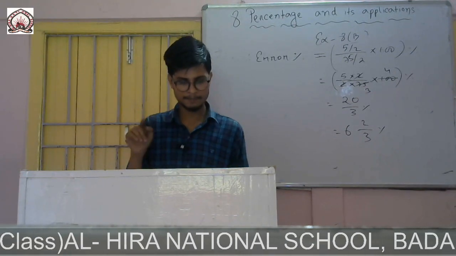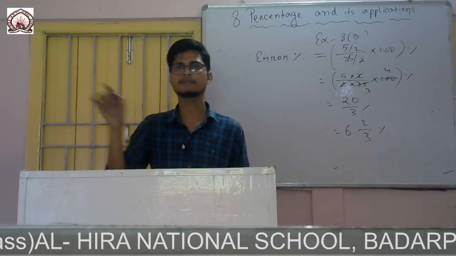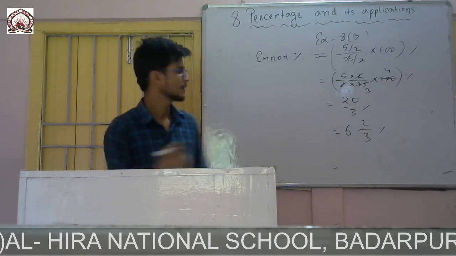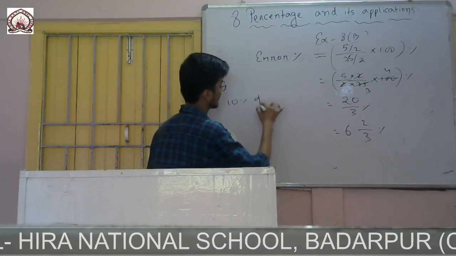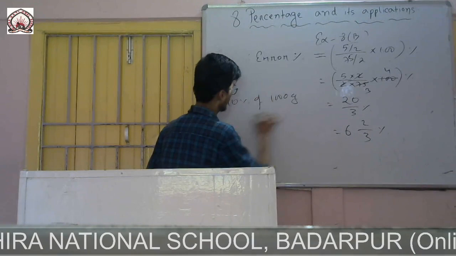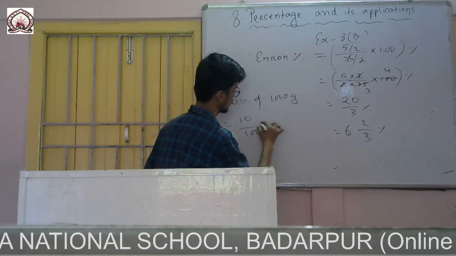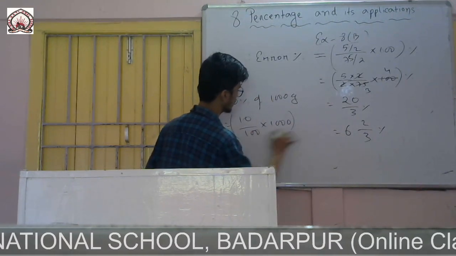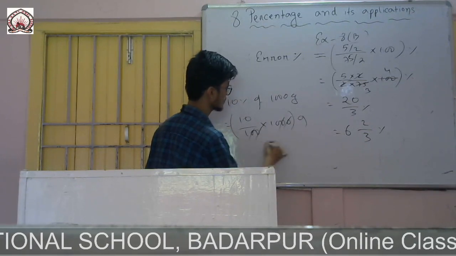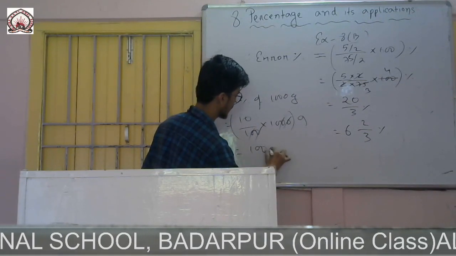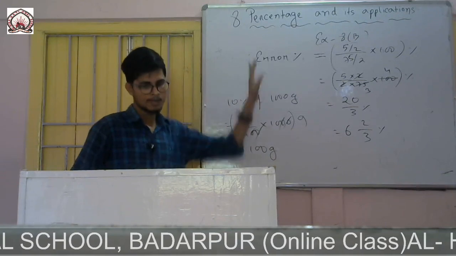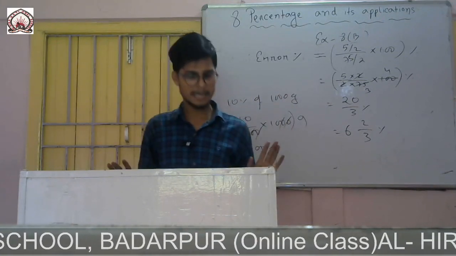That means 10% of 1 kg. 1 kg means 1000 gram. So you will write 10% of 1000 gram, which will be equal to 10 by 100 into 1000, and unit will be gram. 0 0 0 cancel, 10 tens are 100 gram. So first one answer will be 100 gram. So 1 by 1 you find, you will get the answer.